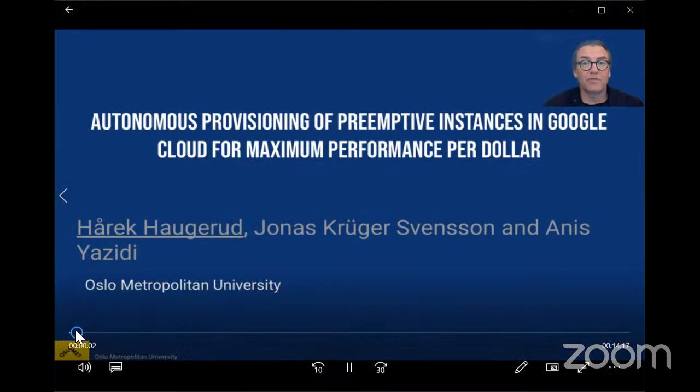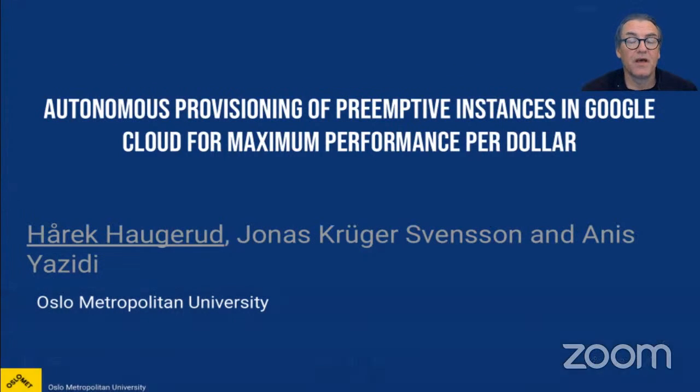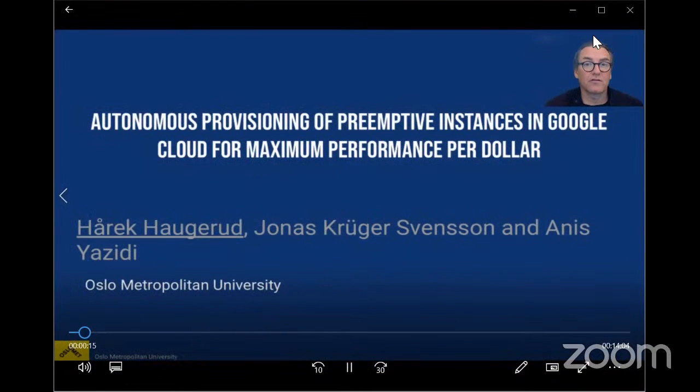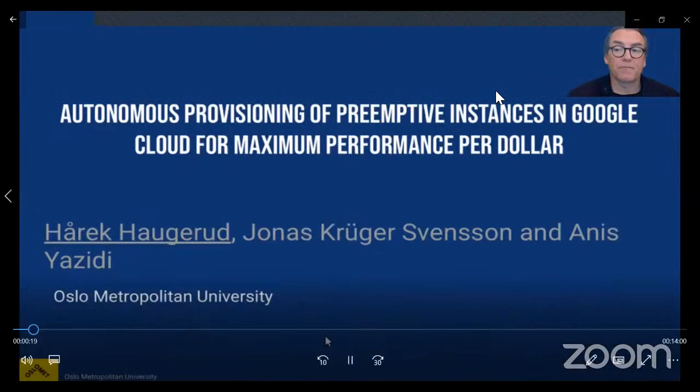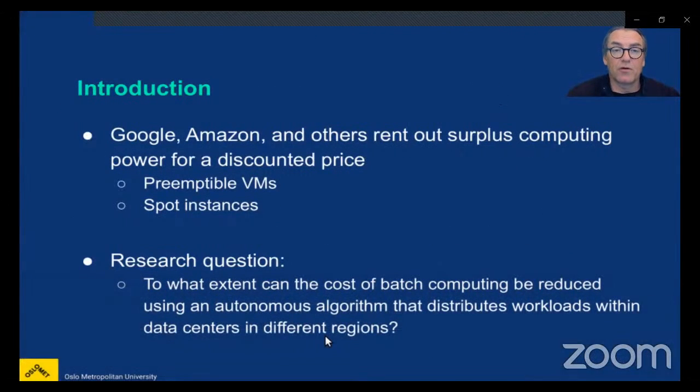Welcome to this presentation on autonomous provisioning of preemptive instances in Google Cloud for maximum performance per dollar. I've done this work together with my colleagues Jonas and Anis at the Oslo Metropolitan University. The basis for this work is that Google and Amazon and others rent out surplus computing power for a discounted price.